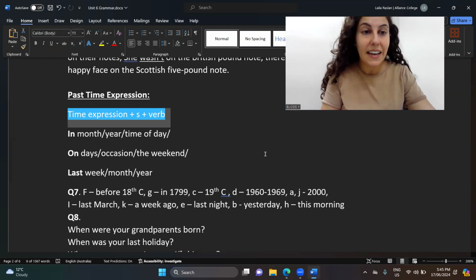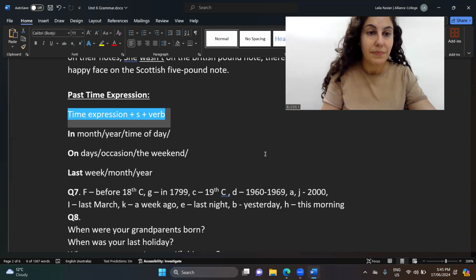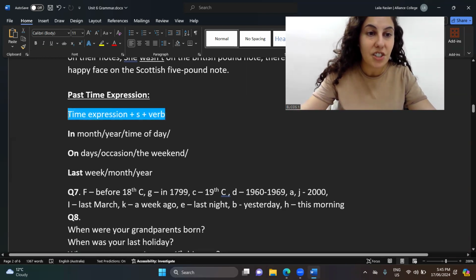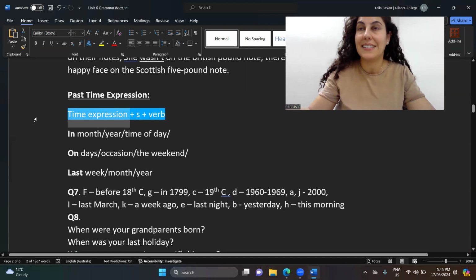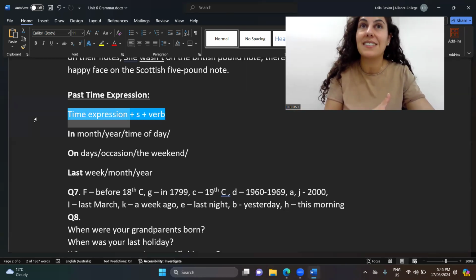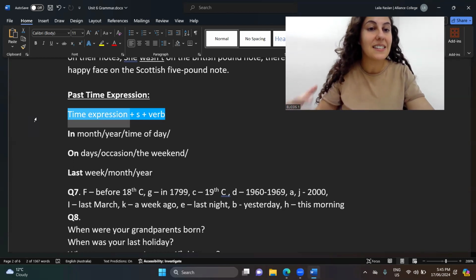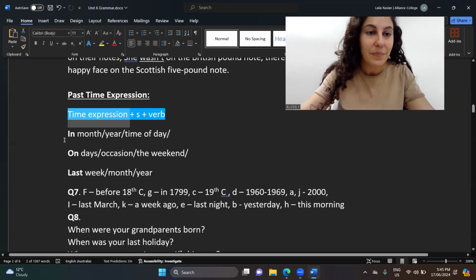Or on Thursday, I went to the gym. Okay, so the time expression means when did you do the action? So we can put that at the beginning of our sentence, which makes it nice and easy to understand when are you talking about first, and then what action happened.